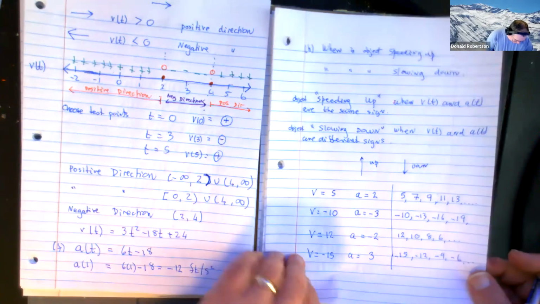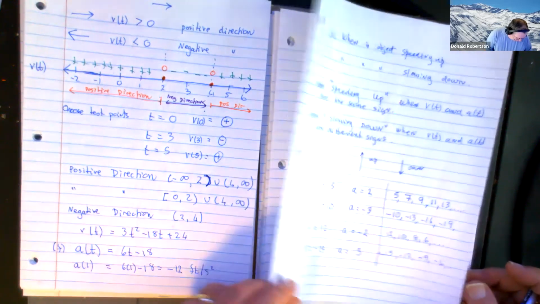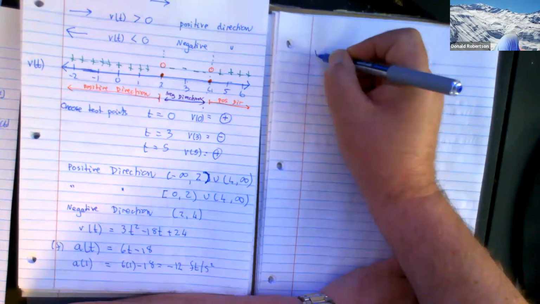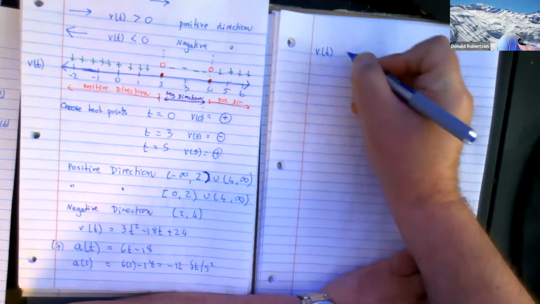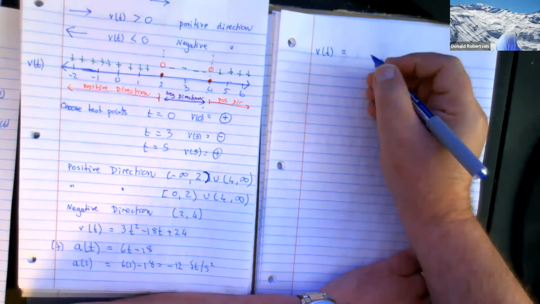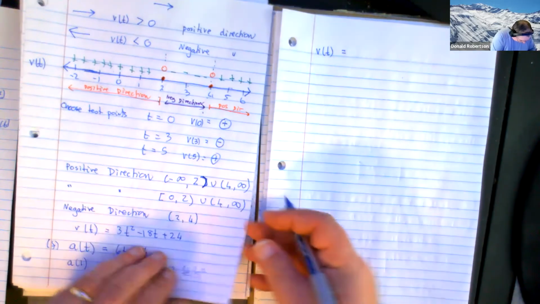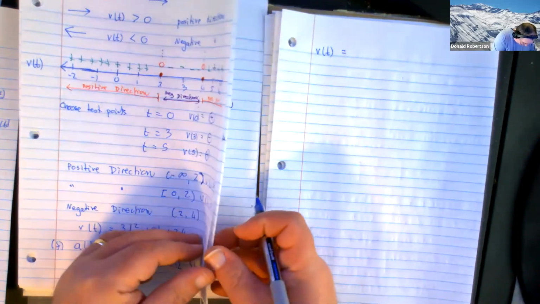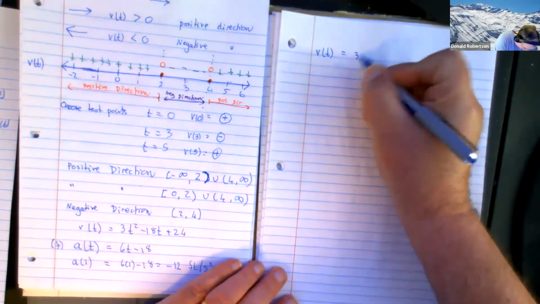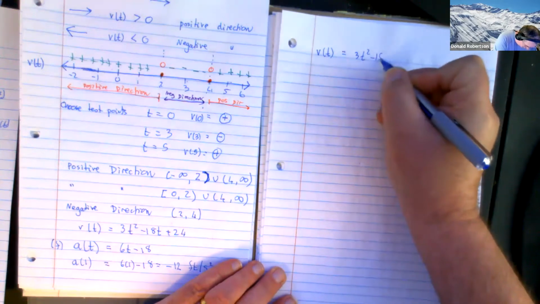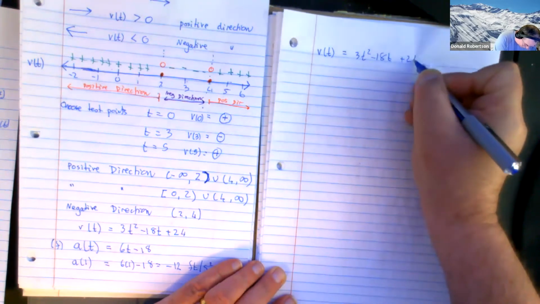Now, the hard part of that is answering the question. So I'm going to take some information that we already know and show you how you put it together. We know the velocity. It was 3t squared - 18t + 24.